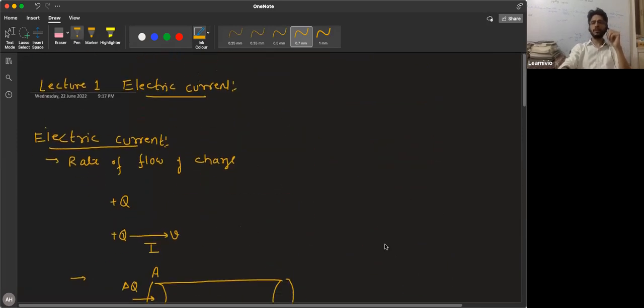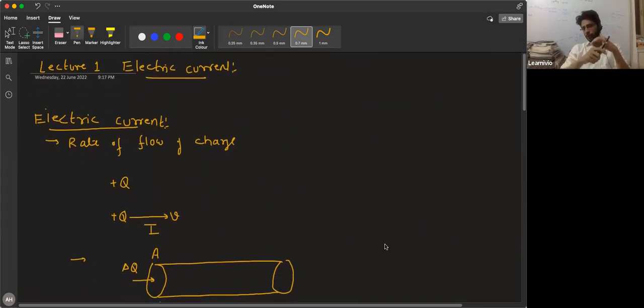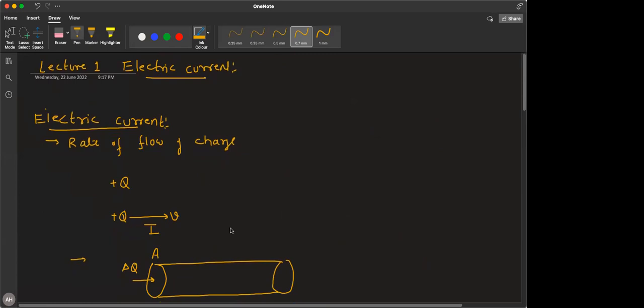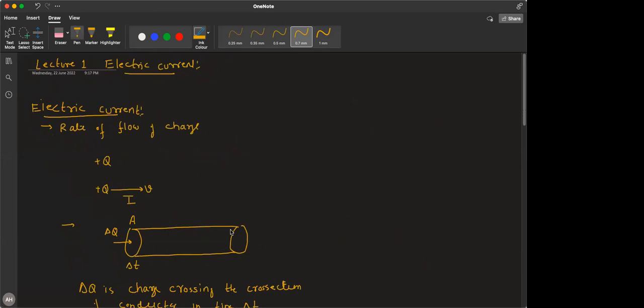So these are the basic terms about current. Current is rate of flow of charge. Direction of current is same as that of motion of positive charge and opposite to that of motion of negative charge. Note it down. And tell me if you still have any doubts.